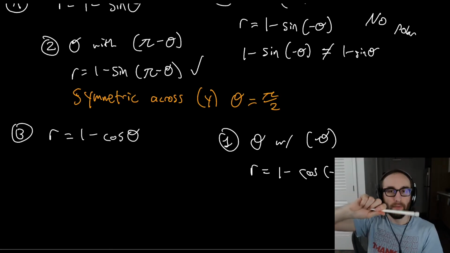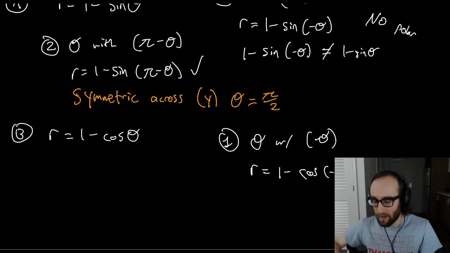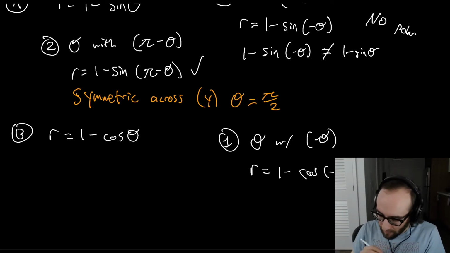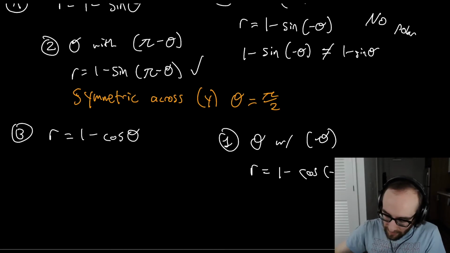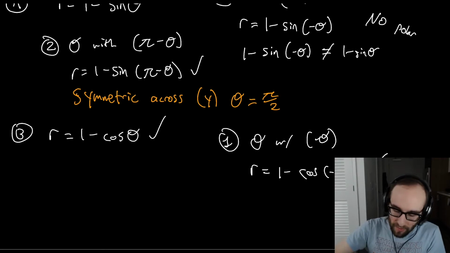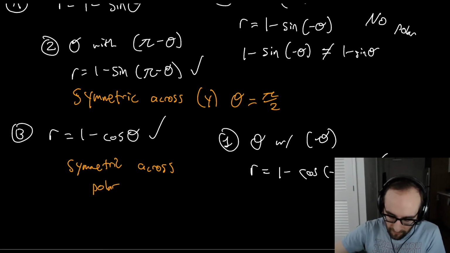If we took cosine of negative pi over 4, we would also get root 2 over 2 because we're looking at that x value on the plane. So here, this is the same as 1 minus cosine theta, which means in this case we have symmetry across the polar axis.